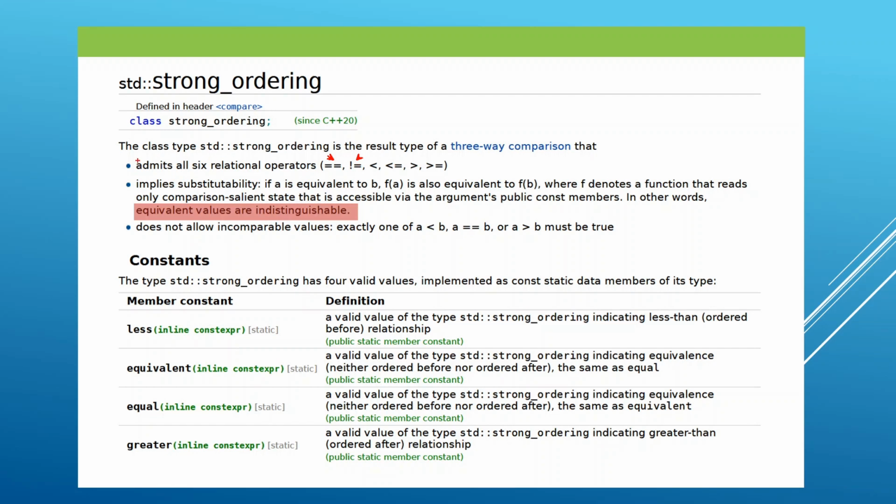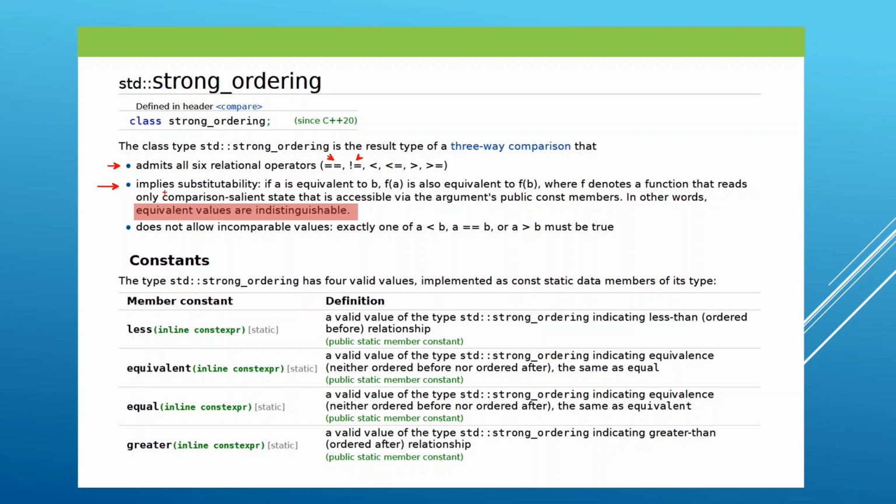So strong ordering can be used by the compiler to give us all these operators, but the special thing about this kind of type is that it can be used to describe absolute equality. I have said that. And this is how the official documentation says this.